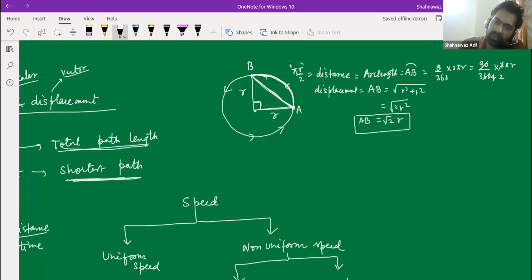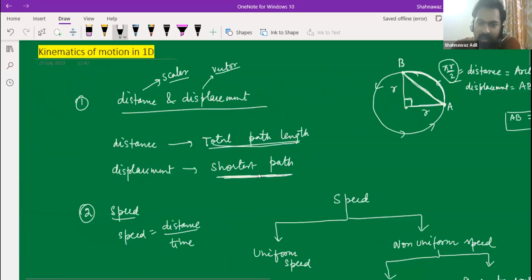So we see that for the same object, displacement and distance can be different. Right. So this is the main difference between distance and displacement. Distance is the total path length and the displacement is the shortest path. Right.